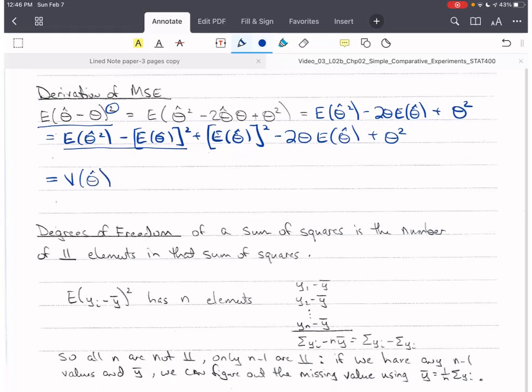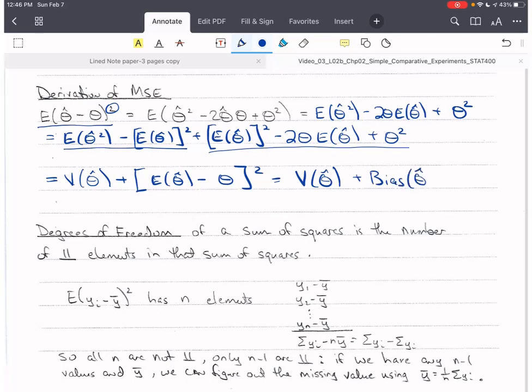And now I have a perfect square here, so this can be rewritten as plus E of theta hat minus theta quantity squared. And this is the variance of theta hat plus the bias of theta hat quantity squared.